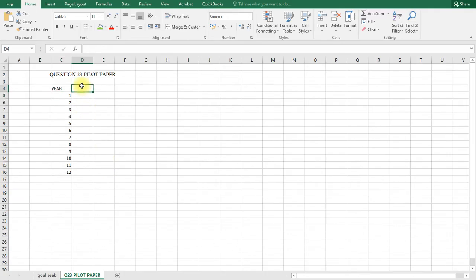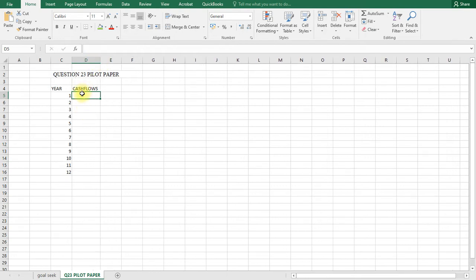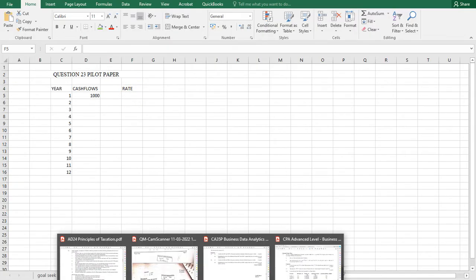Here we have our cash flows, and we don't know the value because that's what we are finding, but you can take any value because of the goal seek, assuming we start with 1,000 and it is growing at the rate. I have here just the rate of growth, which is 10% according to the question.